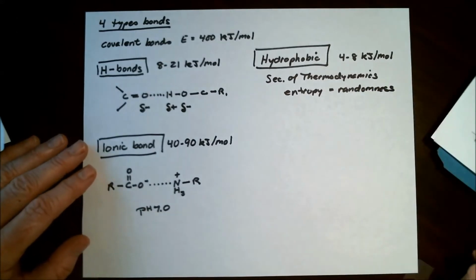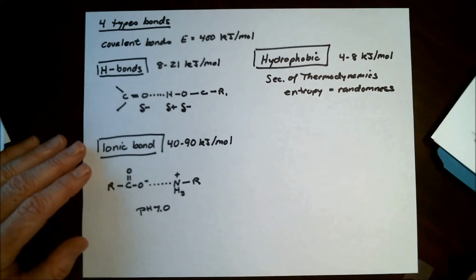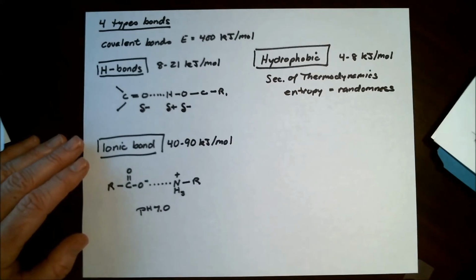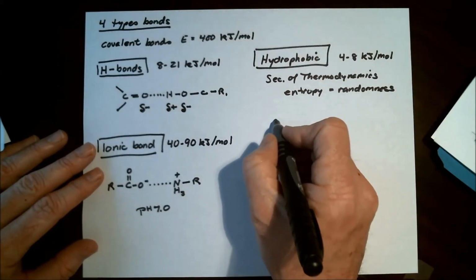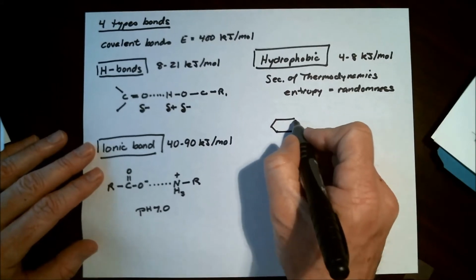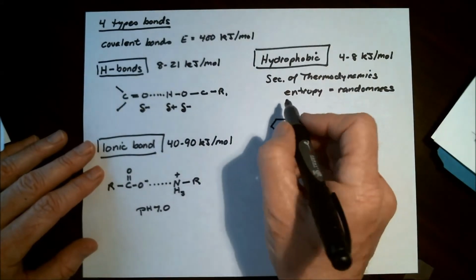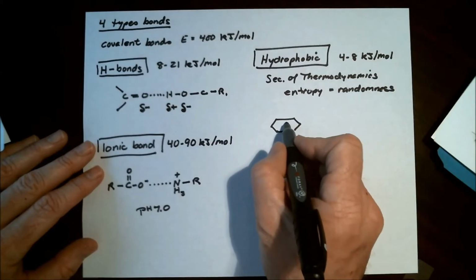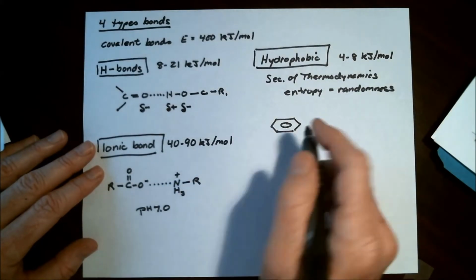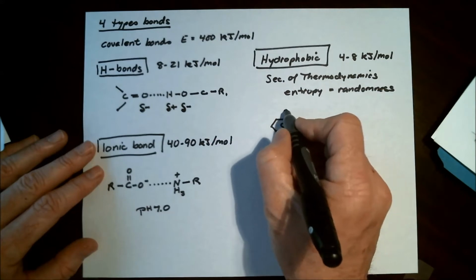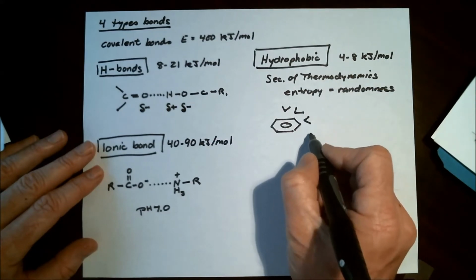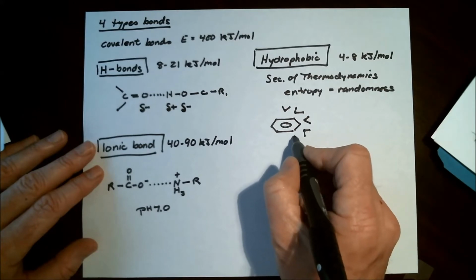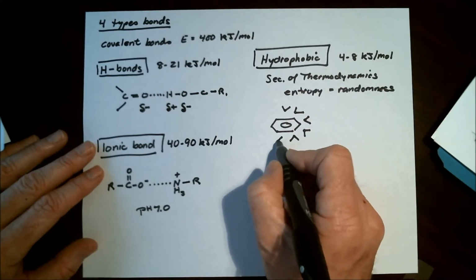So remember, the second law of thermodynamics says that the total energy in a system of a spontaneous reaction is increasing in entropy. So when we have two hydrophobic groups, these are going to repel water, and the water will essentially form an organized structure around the hydrophobic groups.